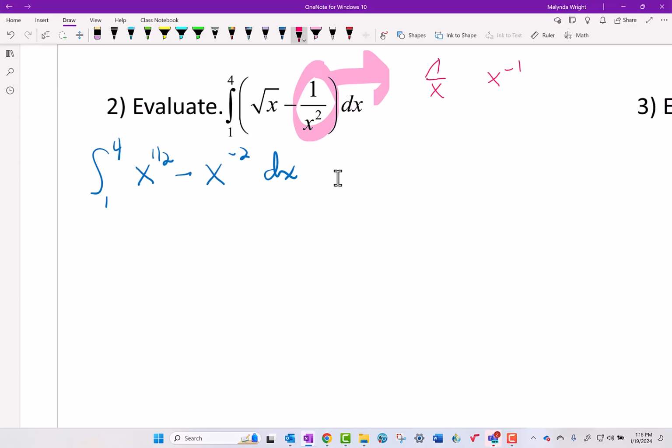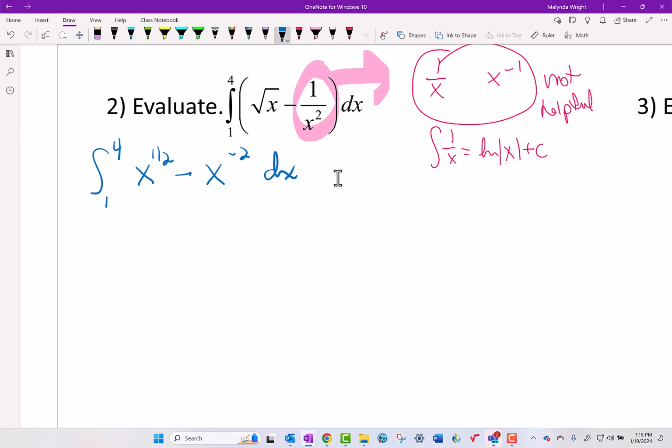What is the antiderivative of 1 over x? ln x, okay, ln absolute value of x. So please just note, this would not help me. So I'm just going to write, this is not helpful, because the antiderivative of 1 over x is ln absolute value of x, plus c. Okay, so just want to make sure we're clear.